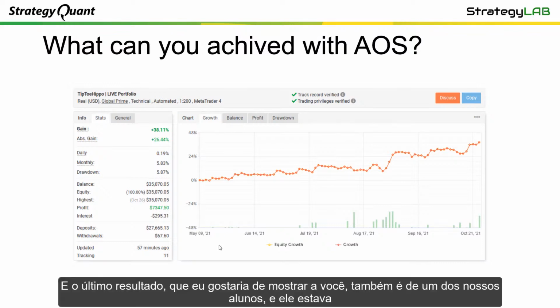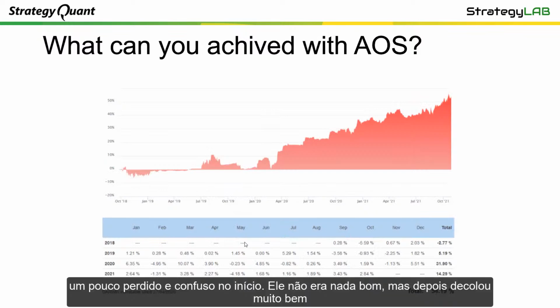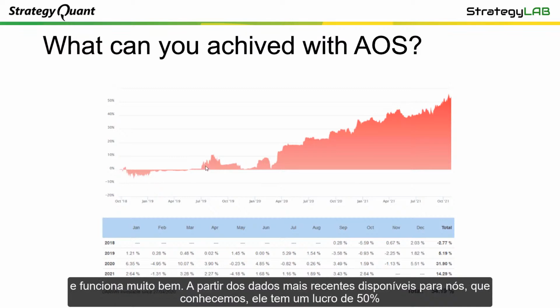And the last result that I would like to show you is also from one of our students, and he was a little bit lost and confused at the beginning. He was not good at all, but then it took off nicely and it works very well.